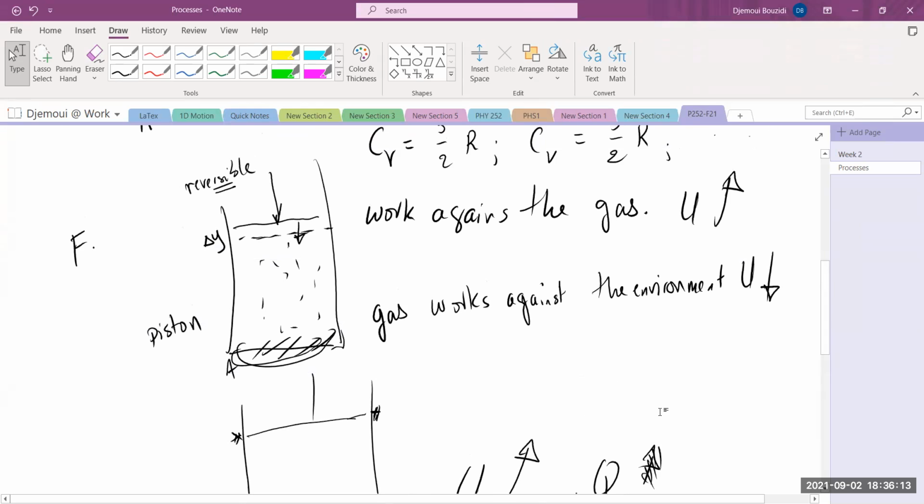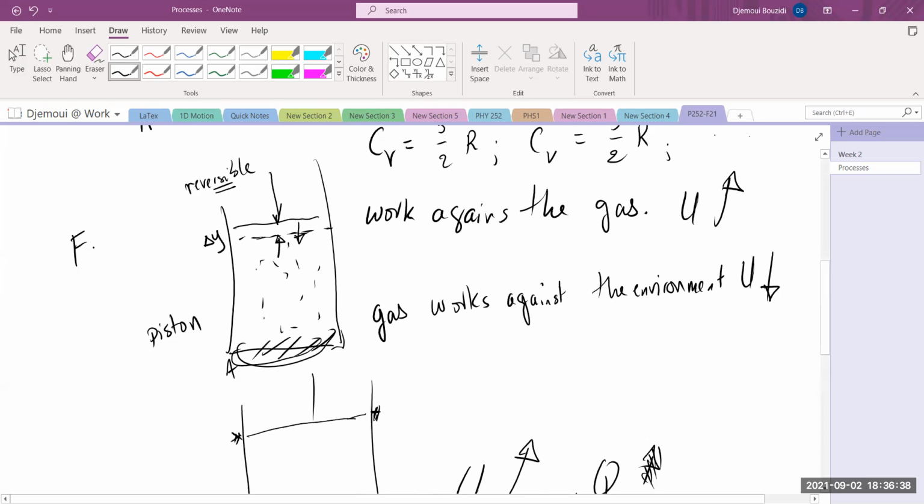So the work is force times distance. And the force that needs to be overcome is the force that is resulting from the pressure. If I want to compress this gas, do you guys clearly see? If I want to push the gas with a force F, I need to overcome the pressure, and I have to do it in a fashion so that there is no acceleration. I have to do it extremely slowly, okay?